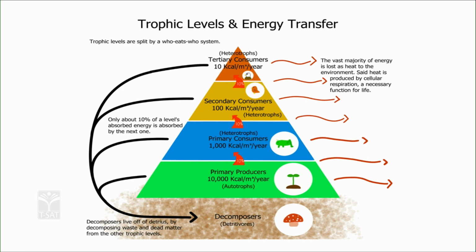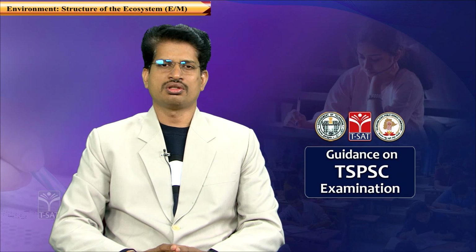We have different species existing in these different levels of the ecosystem. All the living organisms in a trophic level acquire the energy or nutrition in the same way.